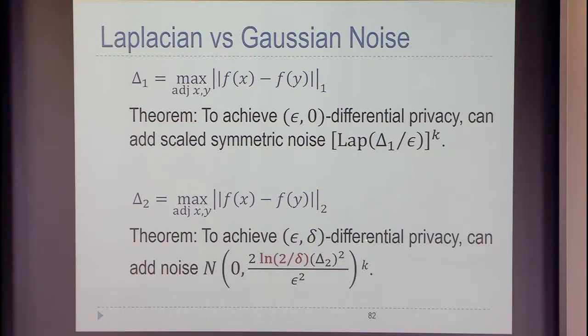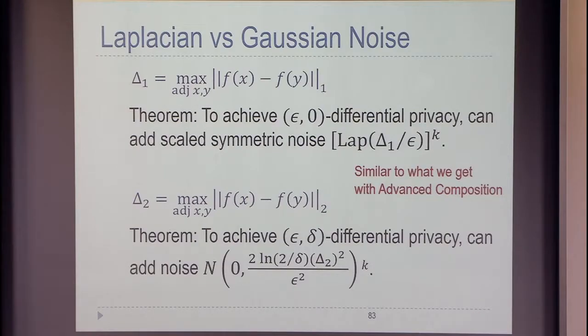So to achieve epsilon delta differential privacy, you can add noise that's normal with this variance. Remember that this is the square of the standard deviation. So you end up with delta 2 square root log 1 over delta as the expected size of your noise. So for k arbitrary counting queries, the L2 sensitivity is much smaller than the L1 sensitivity, and it's a big win.